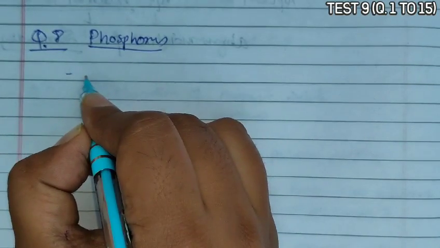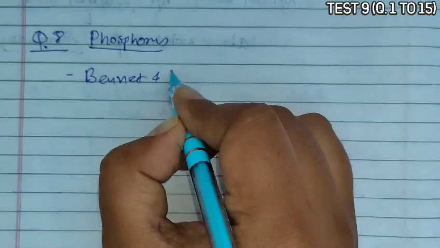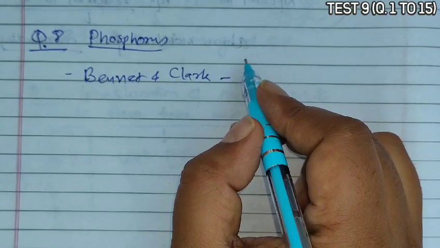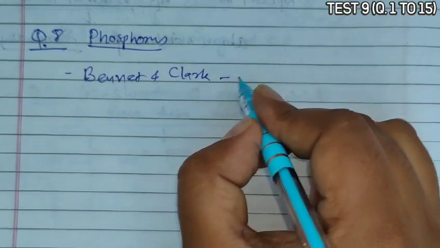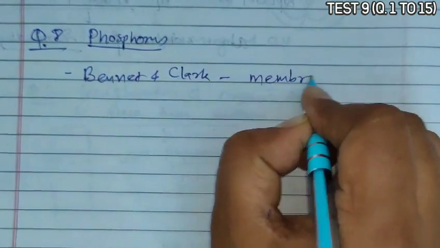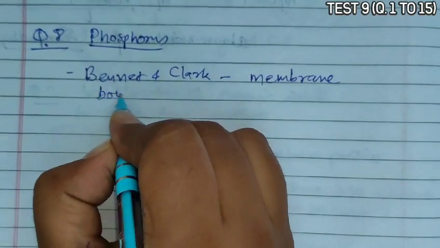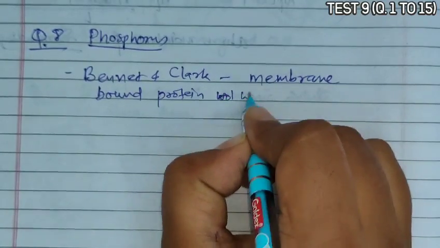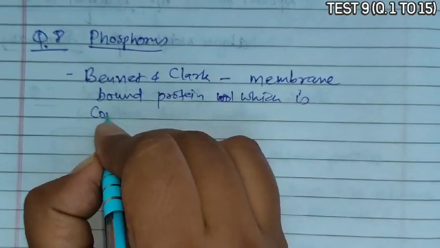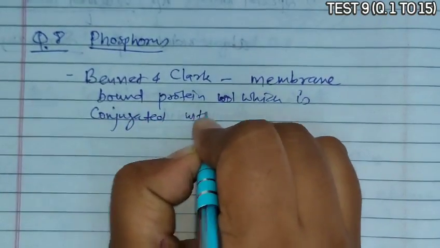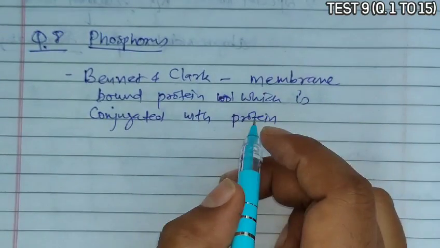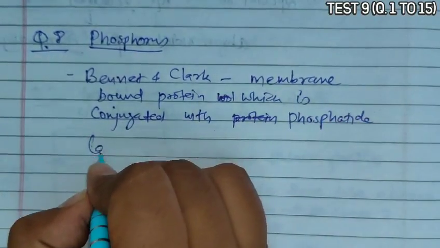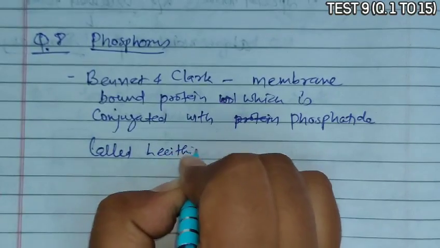Now for this we should understand that Bennett and Clark suggested that it is a membrane bound protein which is conjugated with phosphatide, and it is called lecithin.